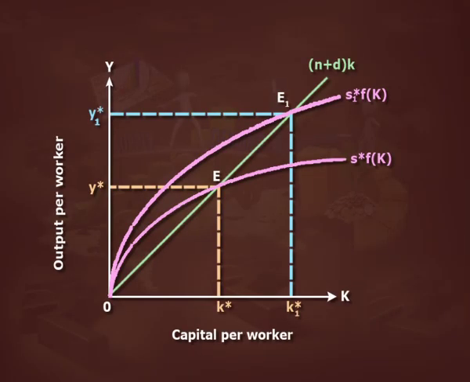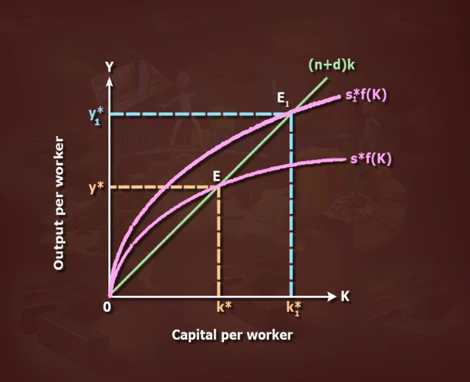This can be explained with the help of a figure where k star is the steady state capital per worker and y star is output per worker when the s f(k) curve intersects the (n plus d)k curve at point E. An increase in the saving rate from s to s1 shifts the saving curve sf(k) upward to s1f(k). The new steady state point is E1.